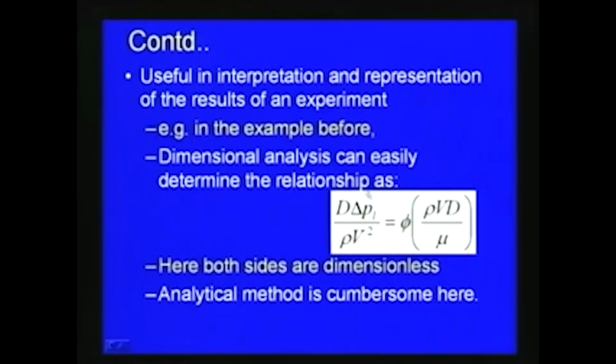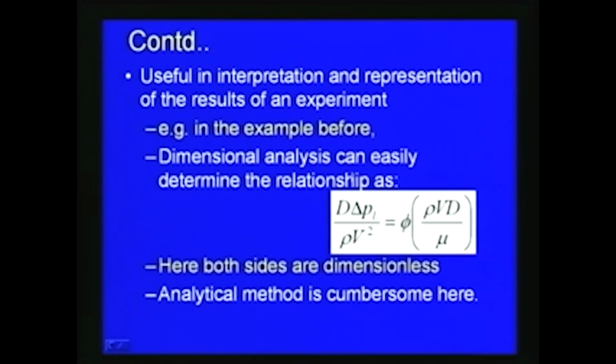For example, in the previous problem, through dimensional analysis we can show that the relationship is d delta P by L divided by rho v squared is a function of rho v d by mu, where rho v d by mu is the Reynolds number. So, the pressure drop depends upon these parameters, and here both sides are dimensionless.